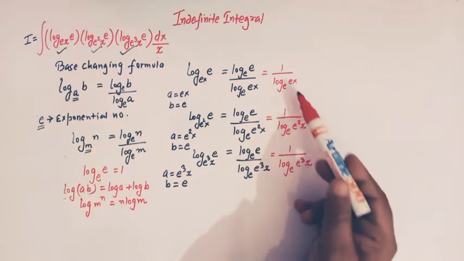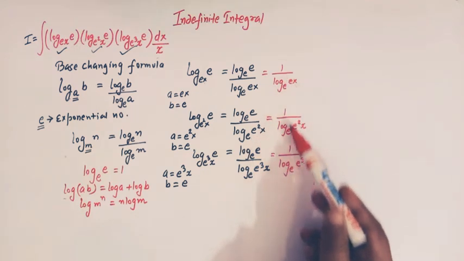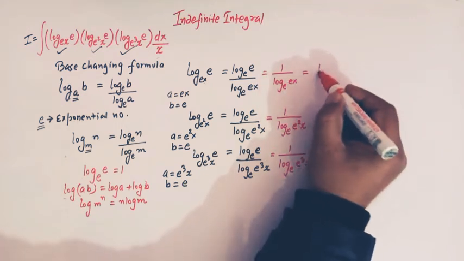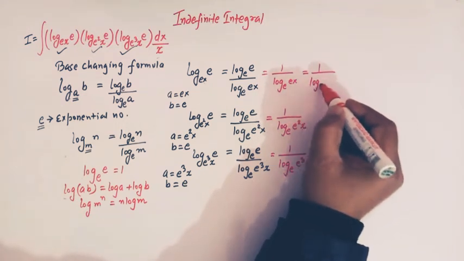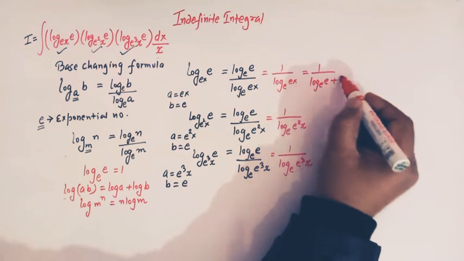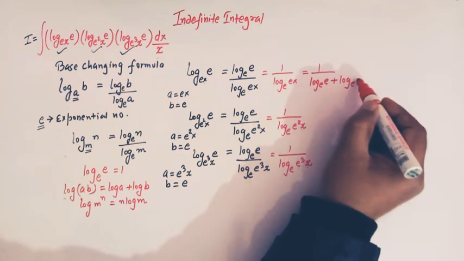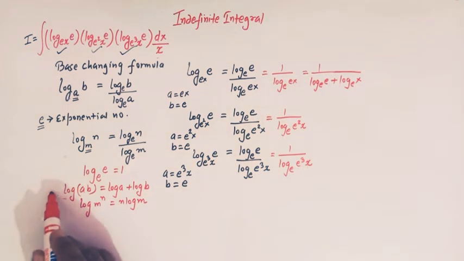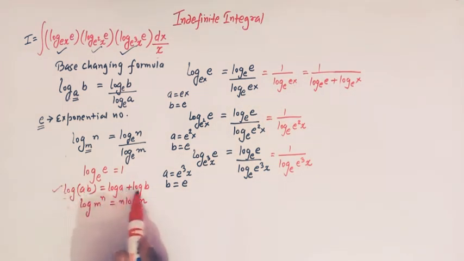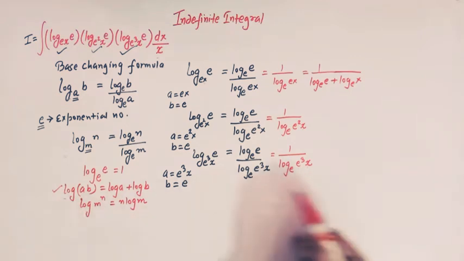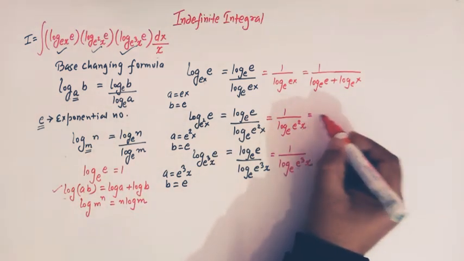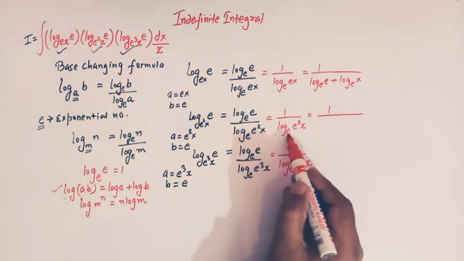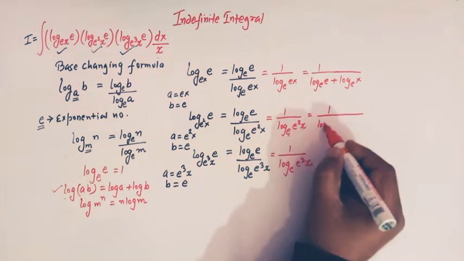Okay, so now let us simplify these terms further. So now we have 1 over log e plus log of base e x, right? So here we have applied this rule, log of ab is equal to log of a plus log of b, right? Okay, now let us come to this term. So here we have the base e, so we'll take it as such.